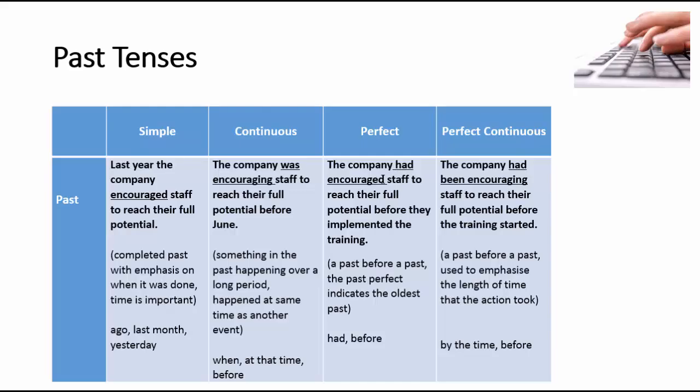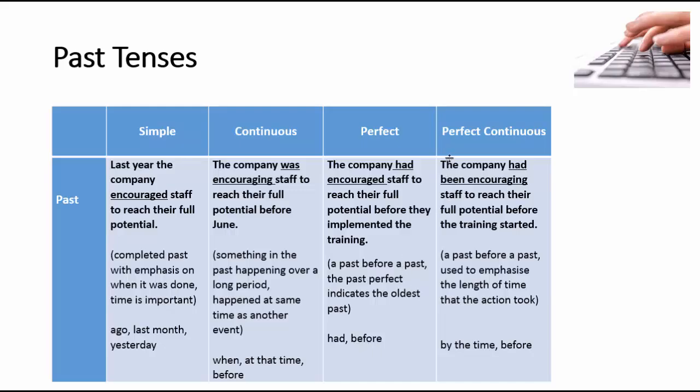The amazing thing about the past perfect is it means you can express time two times ago, or two pasts ago. You can have a distant past and a recent past. So the past perfect is used for the distant past. The company had encouraged staff to reach their full potential, so that happened a long time ago, before they implemented the training. Implemented was more recent. Keywords there: had and before.